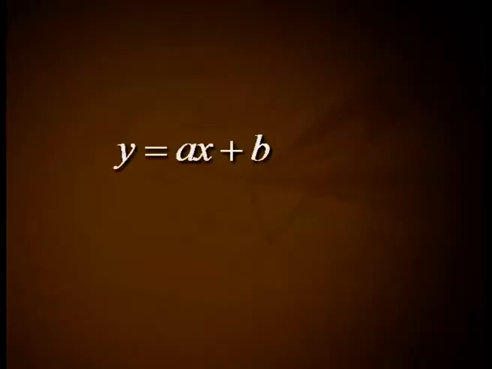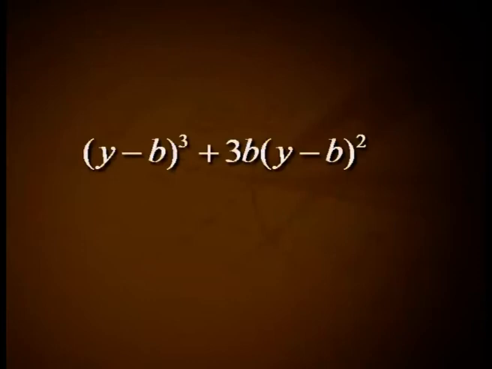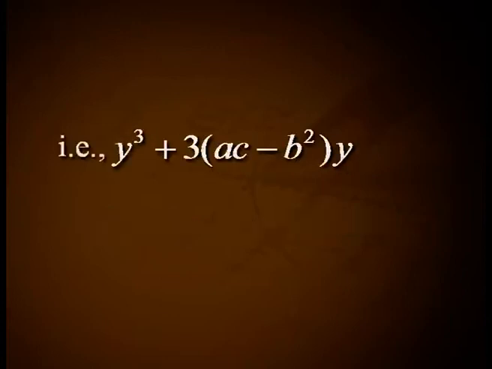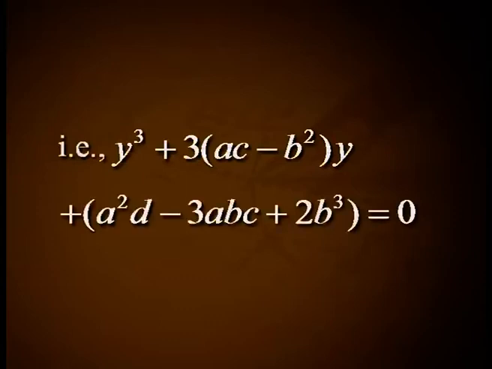Taking the form 7 and putting y equal to ax plus b, or x equal to y minus b by a, and multiplying throughout by a square, we obtain y minus b whole cube plus 3b into y minus b whole square plus 3ac into y minus b plus a square d equal to 0. That is y cube plus 3 into ac minus b square into y plus a square d minus 3abc plus 2b cube equal to 0.